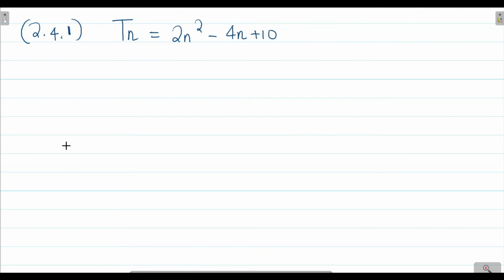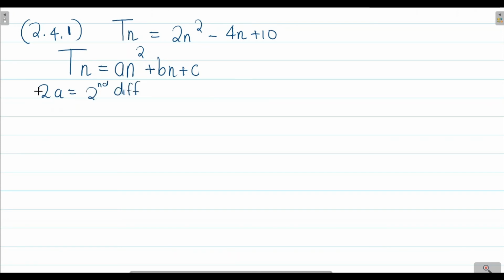So what do we know, guys? When we're dealing with a quadratic sequence, we know that we use the formula Tn equals an squared plus bn plus c. To get your a, you just say 2a is equal to your second difference.